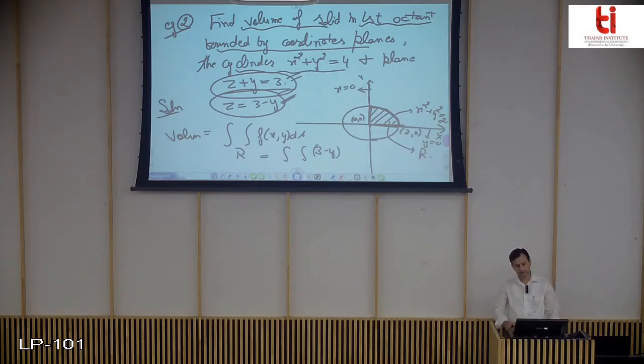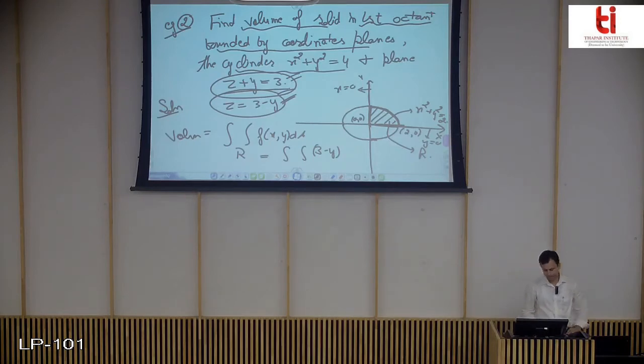In the xy plane we can say the curve x square plus y square equals 4, on one side the y-axis, on the other side the x-axis. And corresponding to the volume, the above part is bounded by f(x,y). You have to find the volume of the 3D space bounded below by this region R and above by the surface f(x,y), that is your plane 3 minus y.